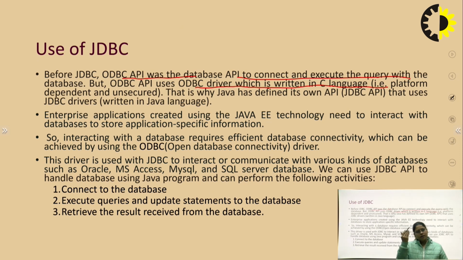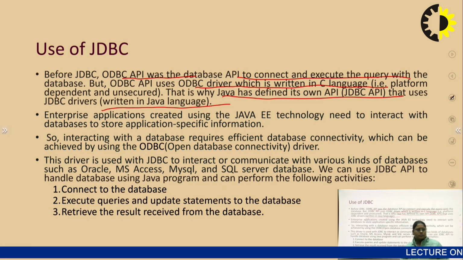So that's why we are now using JDBC, because it is purely written in Java, and we know that one of the features of Java is security. So it provides security also. That's why Java has defined its own JDBC API that uses a JDBC driver written in the Java language.